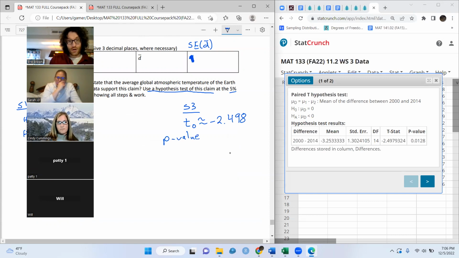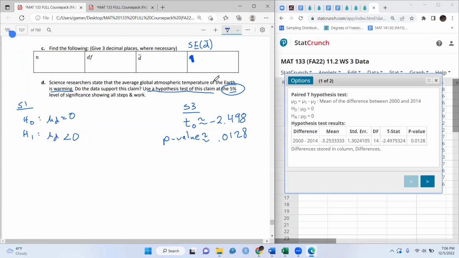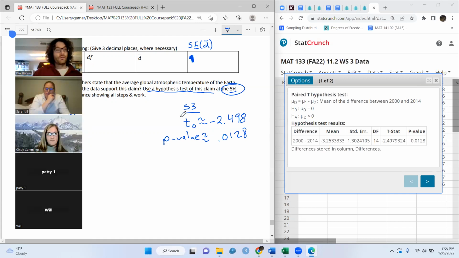Right, you reject H0 on this because 0.0128 is less than 0.05, which is our alpha. And so there is sufficient evidence to support the claim that the average global atmospheric temperature of the Earth from 2000 to 2014 is warming.